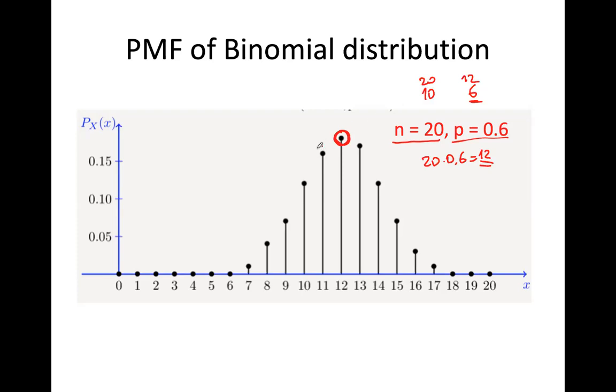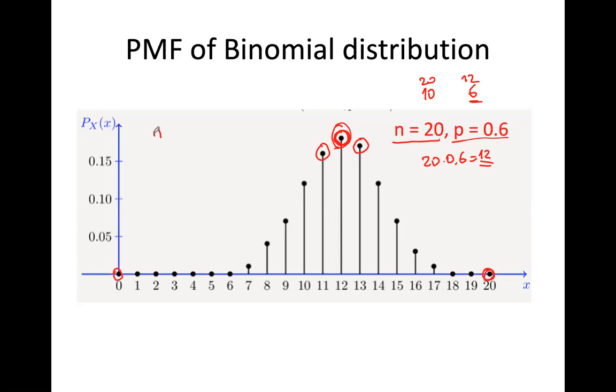Less than, but close to this value, it is still high probability, but away from this 12, like obtaining 20 is very low. Obtaining 0 is very low. Why? Bakın ne yapıyorum?